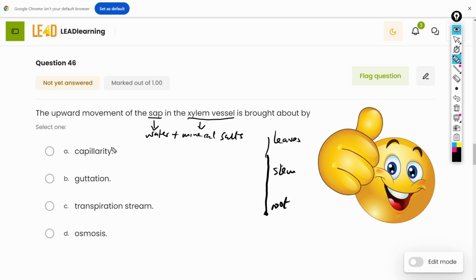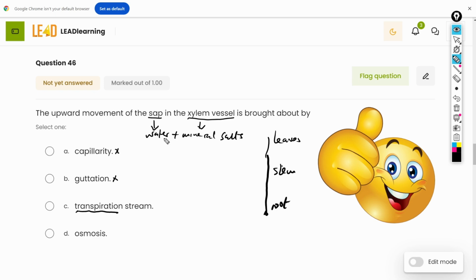Capillary action, no. Capillary action is not sufficient to move cell sap. Guttation is simply the loss of water from the leaves of plants in cold environments. And then transpiration stream. Transpiration on its own is the loss of water. When plants lose water, the process is called transpiration.